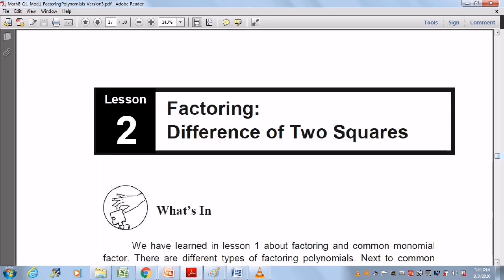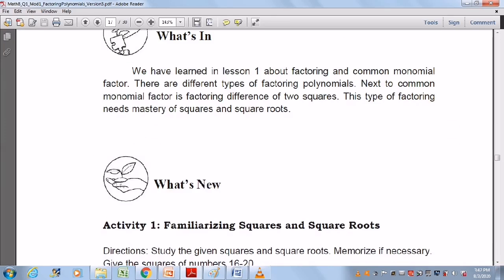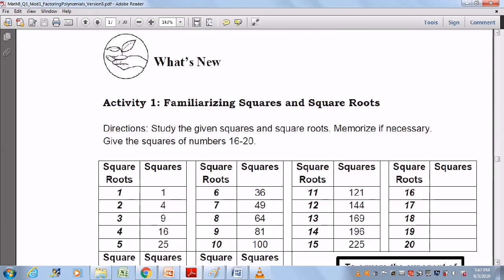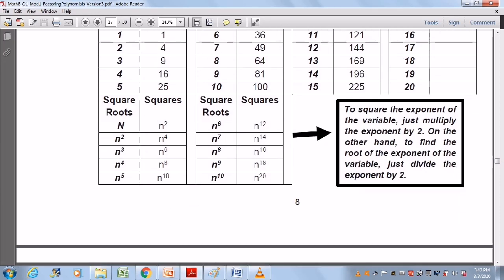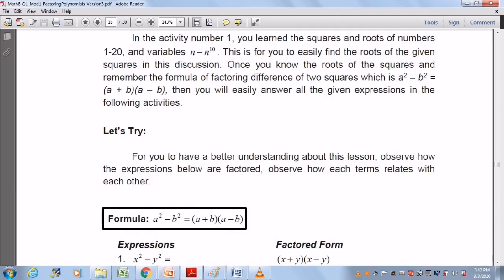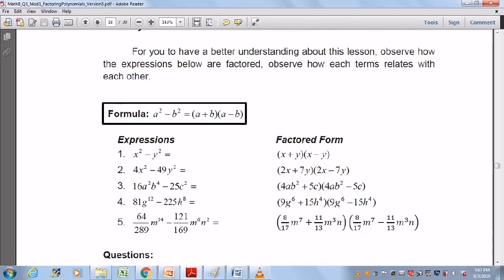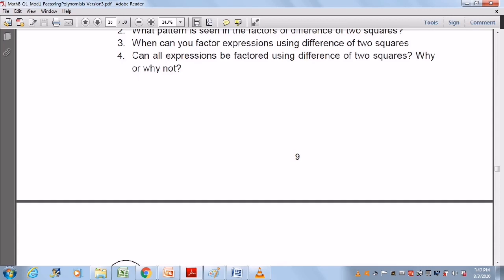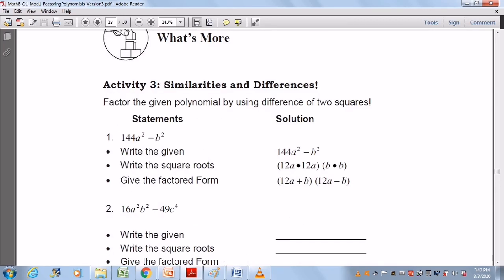So, ito naman sa lesson 2, somewhat similar lang naman siya about the difference of two squares. Ayan, same parts lang din. So, yung establishing is familiarizing squares and square roots because that is very important in special products. You have to be familiar with the special product, yung mga square roots. Ayan, dapat alam mo. Yung mga perfect square numbers.